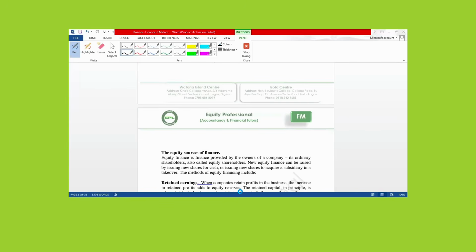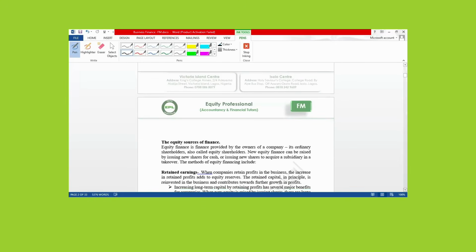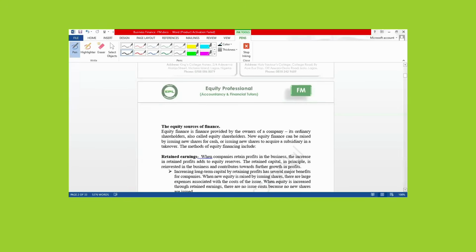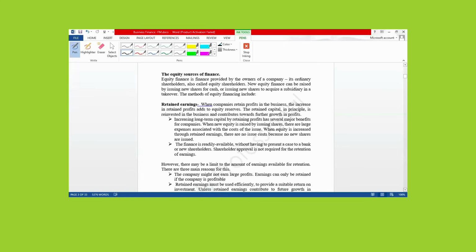Sources of equity finance. What are the sources of equity finance? One is retained earnings.